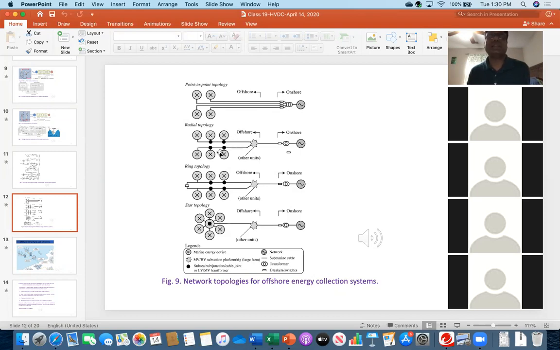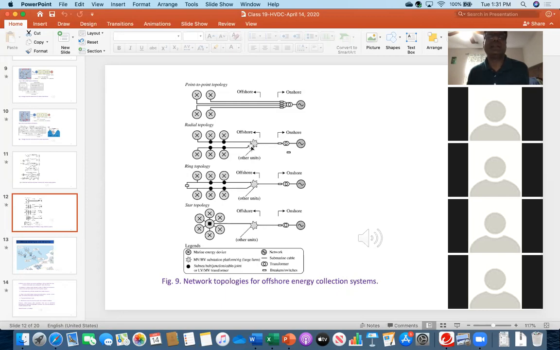But the next one is called the radial topology. Look at the picture: this is one energy converter, this is another, but all are connected to this common point. And there might be other units here, other types of energy converter.